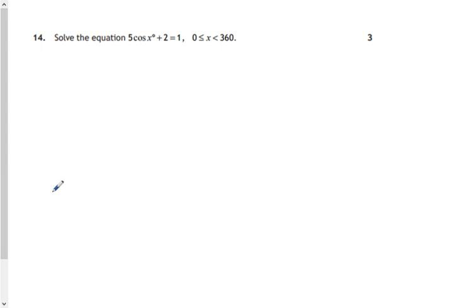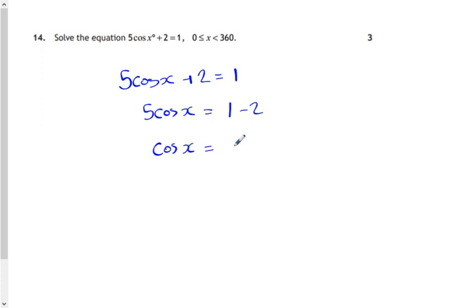Okay, 14. Solve the equation 5 cos x plus 2 is equal to 1. So 5 cos x is equal to 1 minus 2, so cos x is equal to negative 1 over 5.